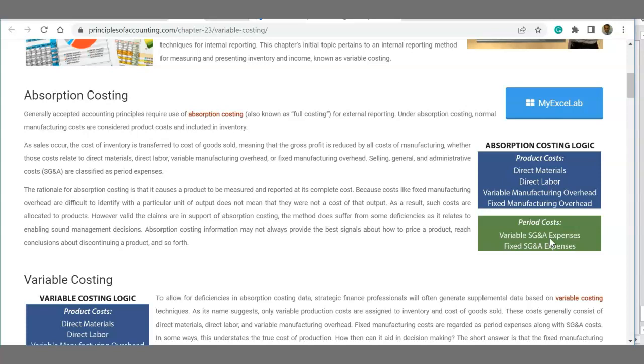Some of those selling and general administrative expenses can be variable; some of them might be fixed. And that's normal period cost. So this is the normal way of generating financial information, income statement, balance sheet, the way that we learned so far in accounting.